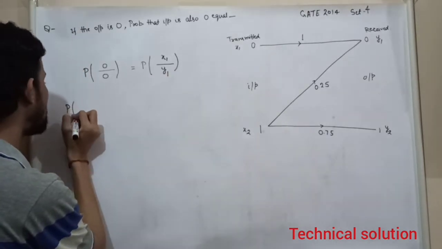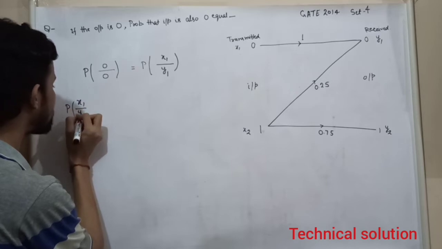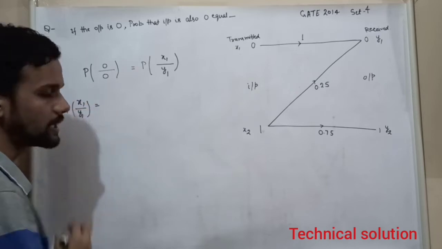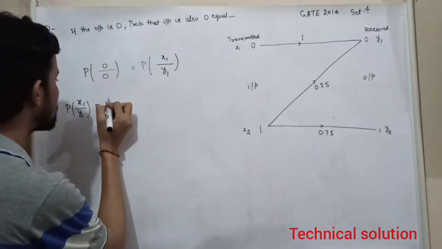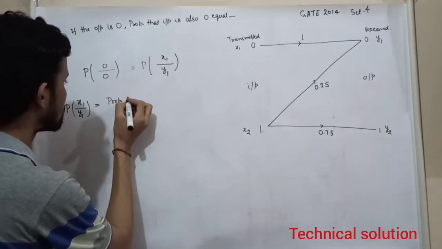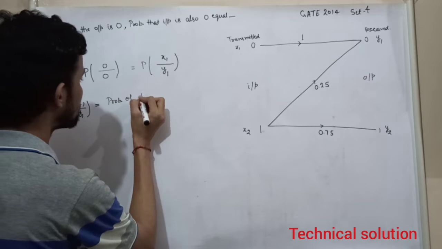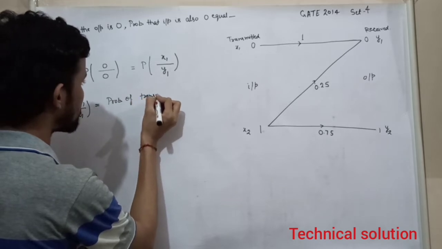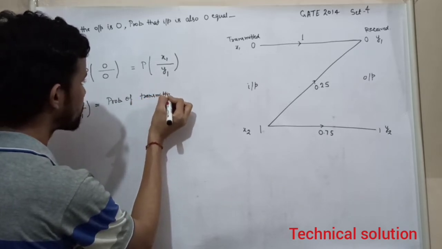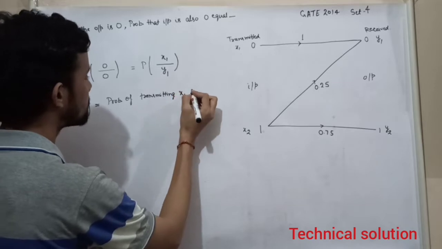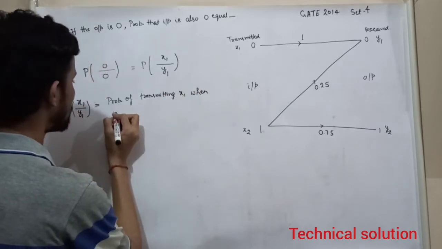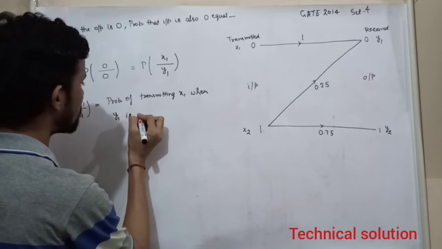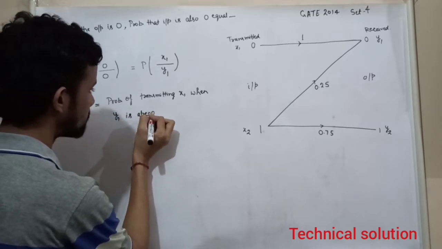This P(x1/y1) is read as the probability of transmitting x1 when y1 is already received.